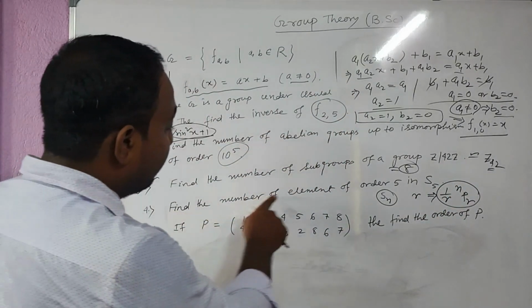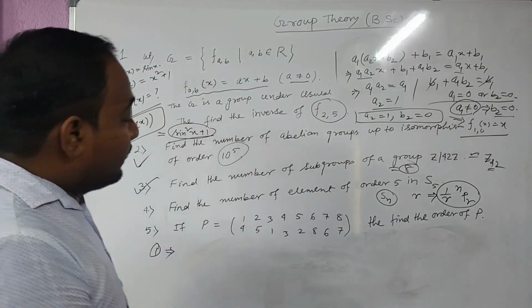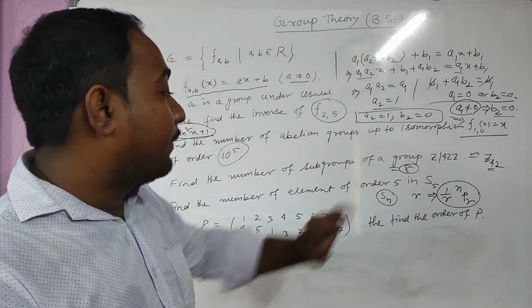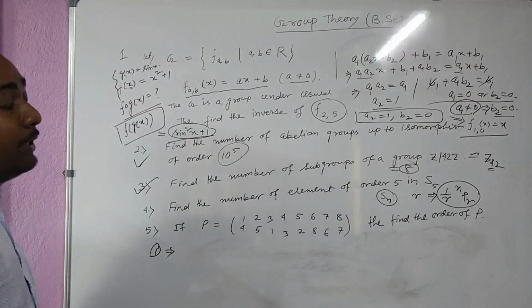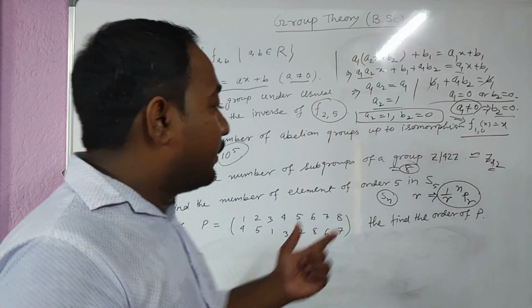Now here the question is to find the number of elements of order 5 in S5. The order is actually the LCM of the lengths of its disjoint cycles, right? So this is the order.